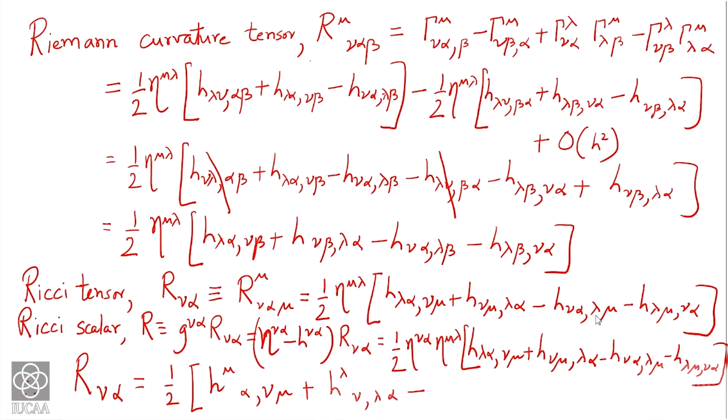Here similarly we will have eta mu lambda. So, let us write down. What is this object? I will have eta mu lambda, and here I have del square h nu alpha divided by, by definition, del x mu del x lambda.